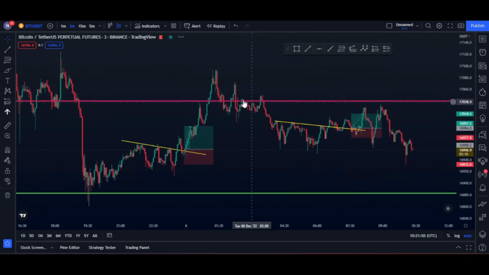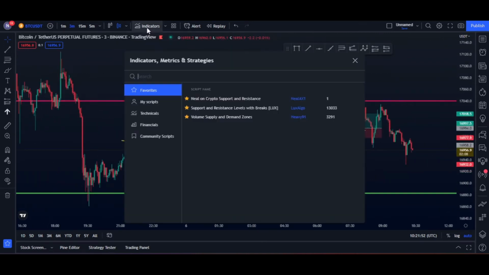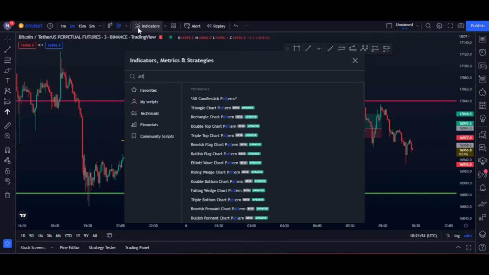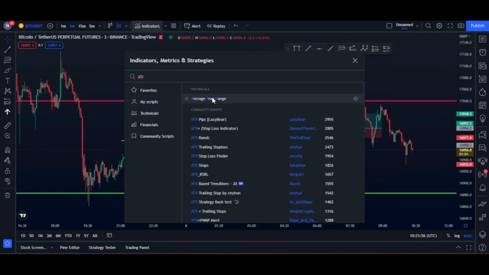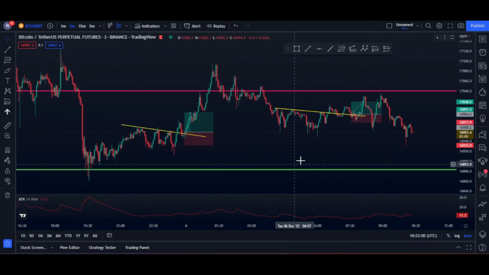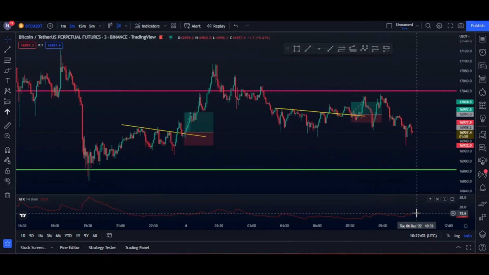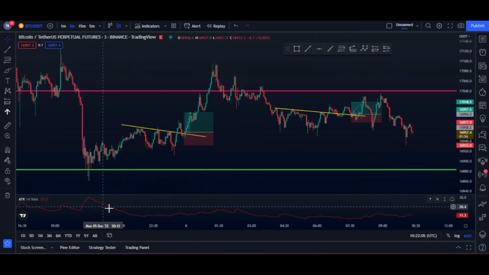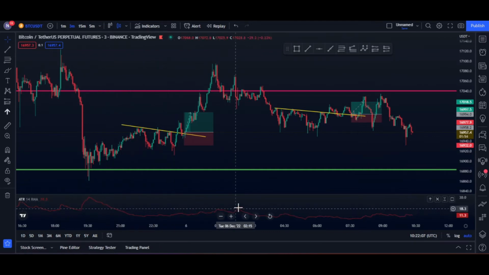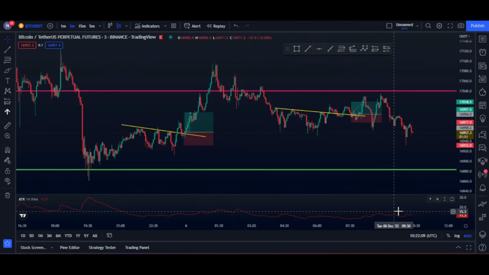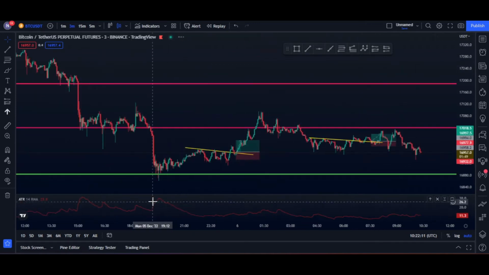Before we start, we first need to click on indicator and type in ATR and click on this one, average true range. Okay, and if you can notice, we have this weird line that we can see here. This basically is just the volatility of the market. As you can see here, the market was very volatile.